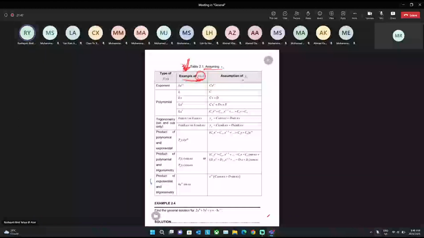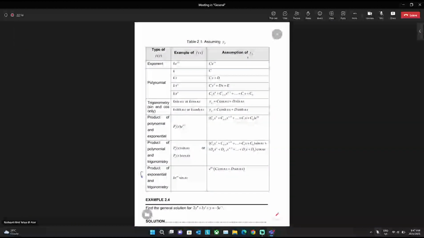After that, you need to go for yp. Yp is something that you create your assumption for your fx, in form of coefficient. However, here constant coefficient C, D, E. Okay, if for example here maybe can be E, F, G based on your question.